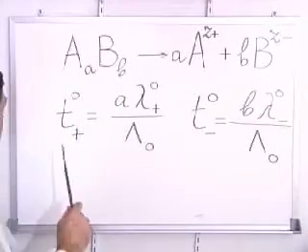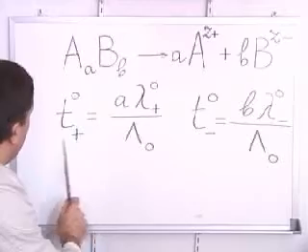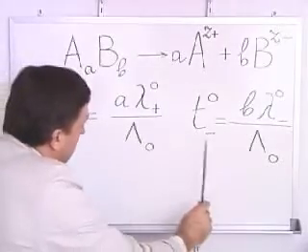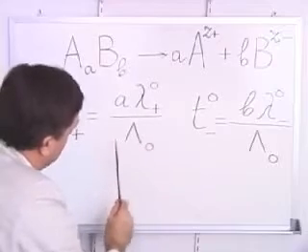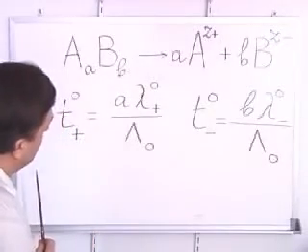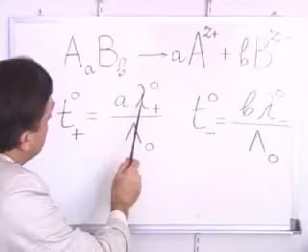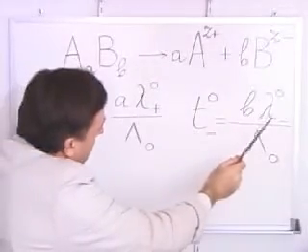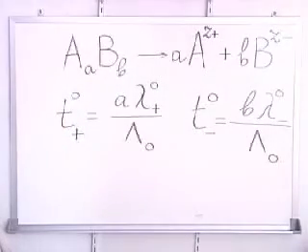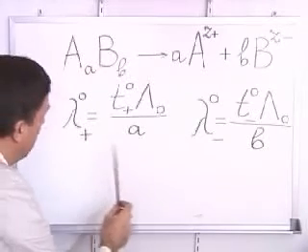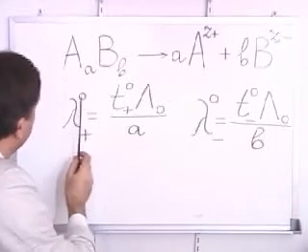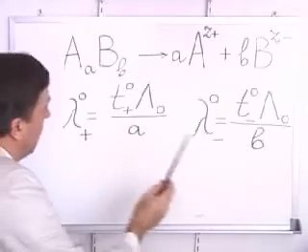And now, knowing the values of the transport numbers at infinite dilution and also the value of the molar conductivity of the solution at infinite dilution, we can find the molar conductivities of the cation and the anion. Here we have the expressions for the molar conductivity at infinite dilution of the cation and the anion.